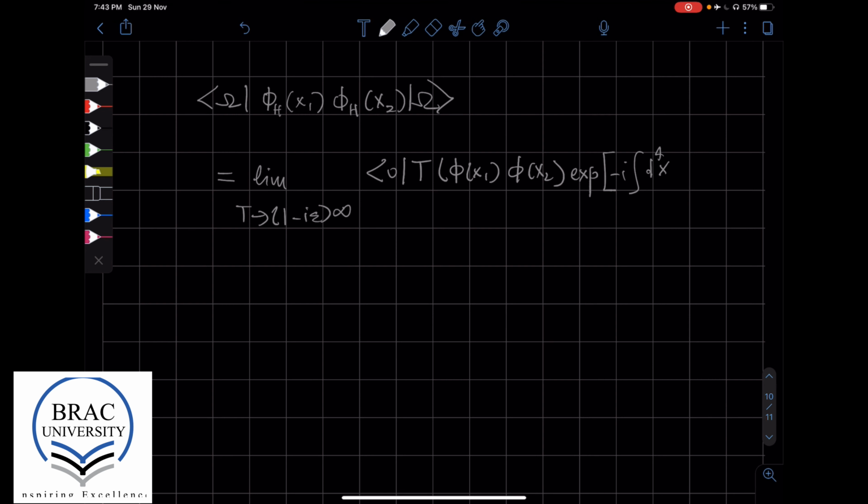Now we are using phi to the power 4 theory, so we're going to write this interaction term more explicitly.